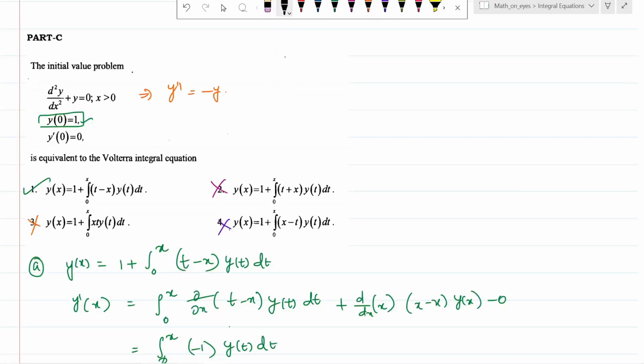Now I will give you the Leibniz formula, the general formula. Integral psi of x to phi of x, f of x comma t into dt.